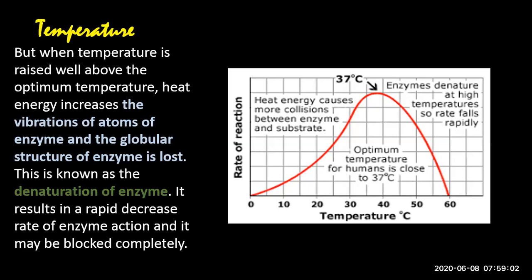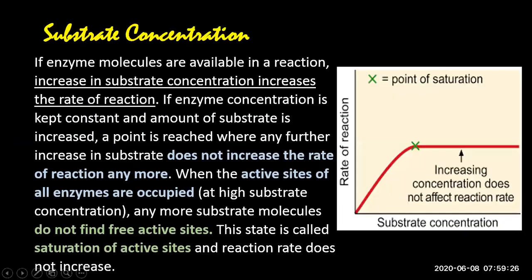When they break the bonds and the enzyme loses its particular shape, we call it denaturation of the enzyme. It results in a rapid decrease in the rate of enzyme action, and the enzyme may be blocked. Let me move to the next slide.